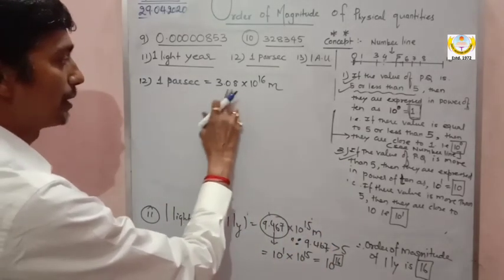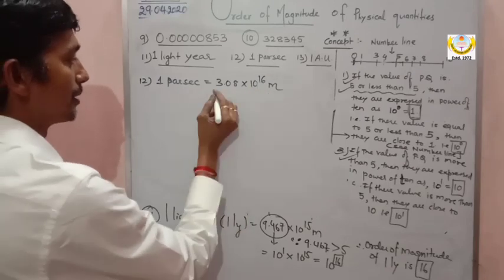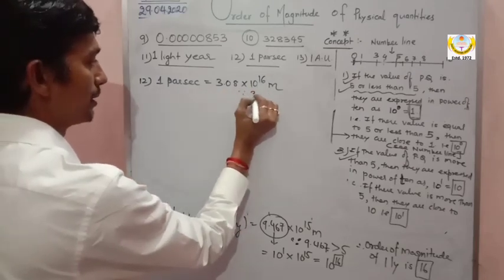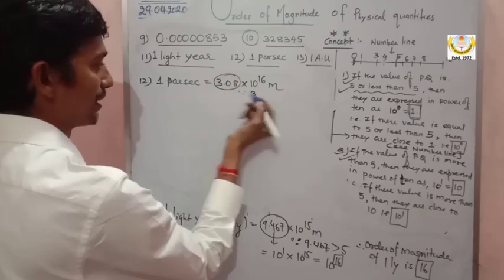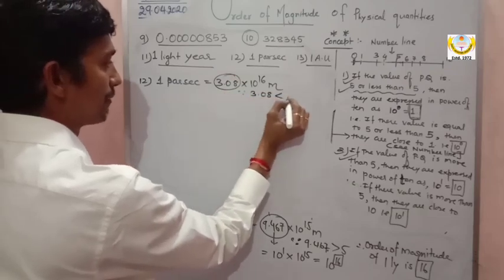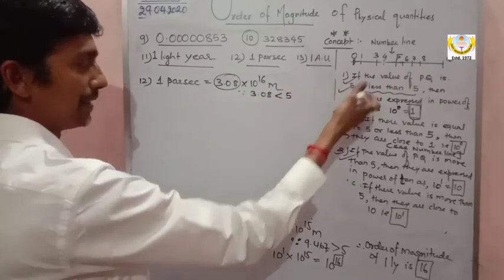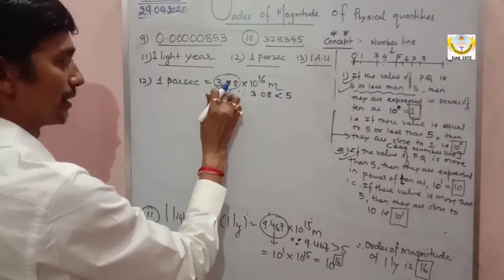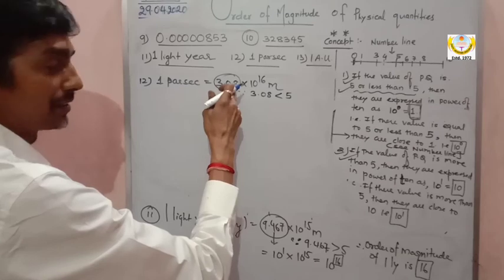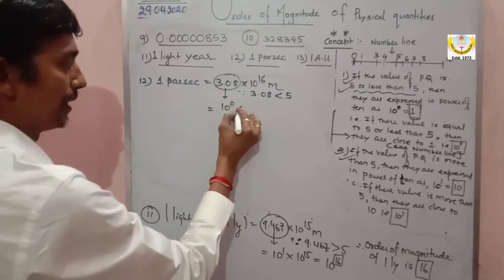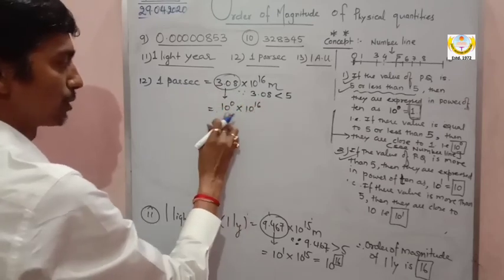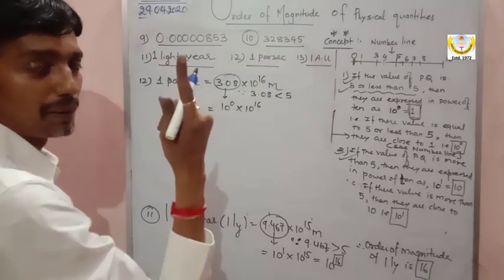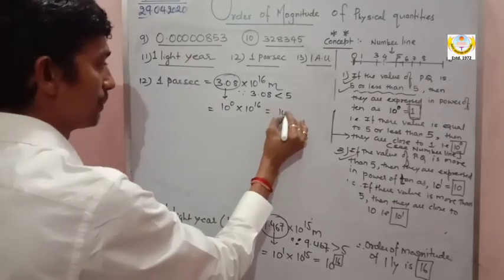This is 3.08 into 10 power 16. Since 3.08 is already one digit and less than 5, by rule number 1 it will be 10 power 0, because it is close to 1. That is 10 power 0 into 10 power 16, so the answer is 10 power 16.